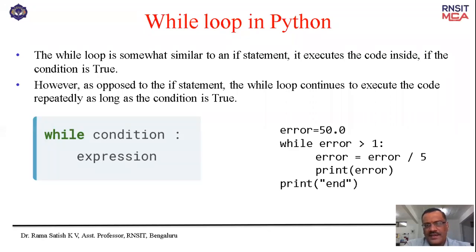Example: error is equal to 50.0. If the error value is greater than 1, you keep on dividing by 5 and print the error. So it keeps on executing, and it will display the error until the error value reaches beyond 1.